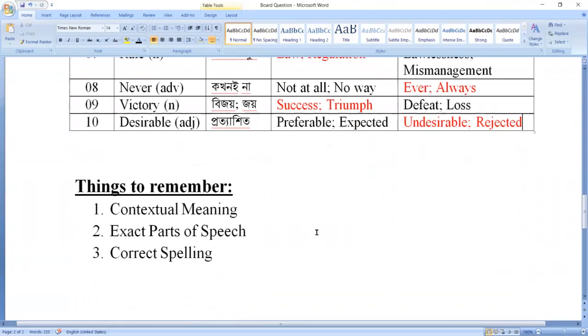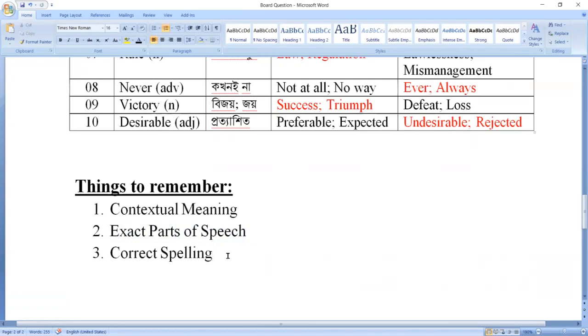You have to remember that you have to find out the contextual meaning of the particular word. You have to find out the exact parts of speech of that word, and accordingly you have to find out the synonym or antonym in that parts of speech, and then you have to write the word in correct spelling.